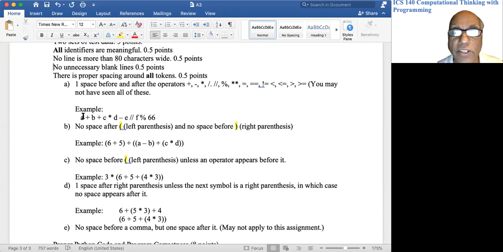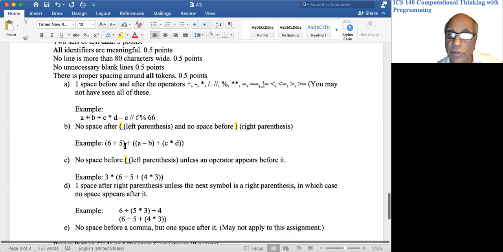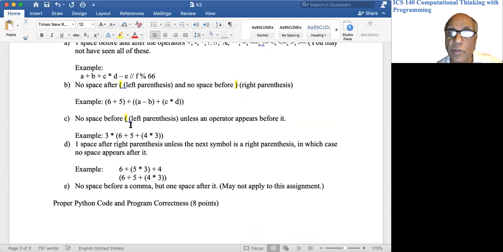For example, look at how I have put spaces here. If you have an expression like this, before and after plus, put a space. Before and after star, put a space. Before and after minus, put a space, etc. Don't put a space after the left parentheses or before the right parentheses.